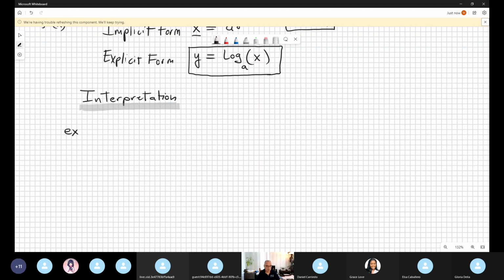So this is an exponential statement. Okay, you are familiar. Versus the new statement that I am studying now, which is the logarithmic statement.